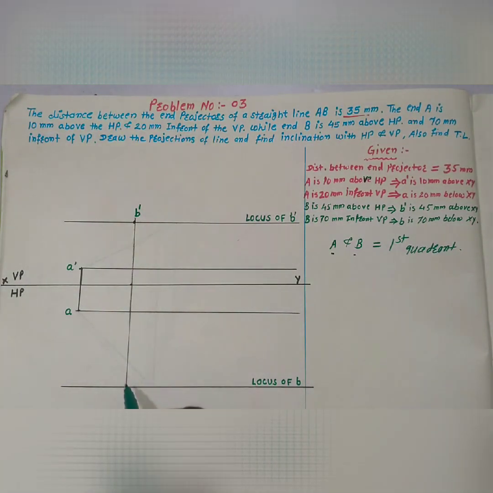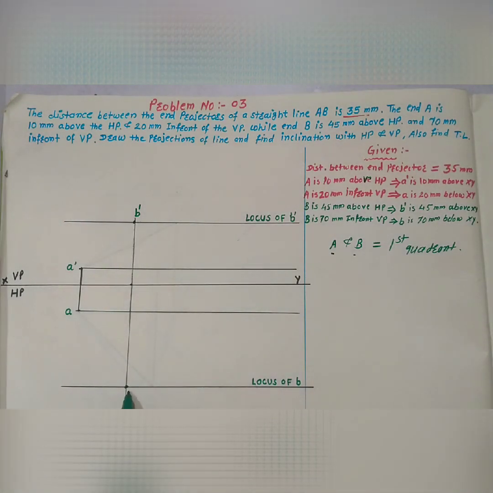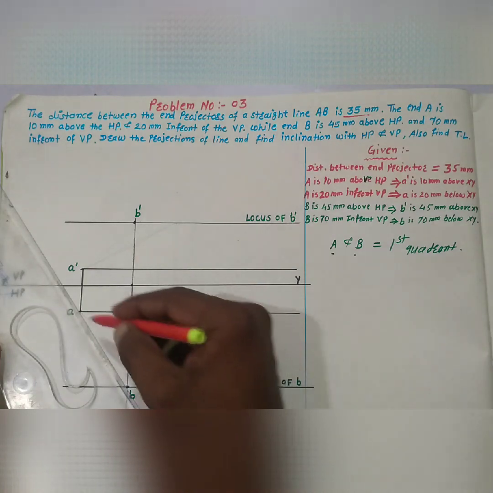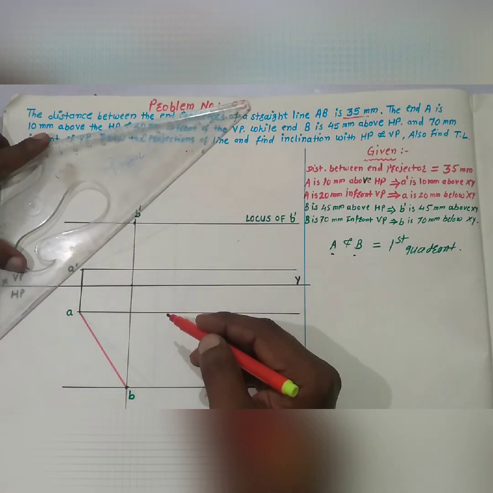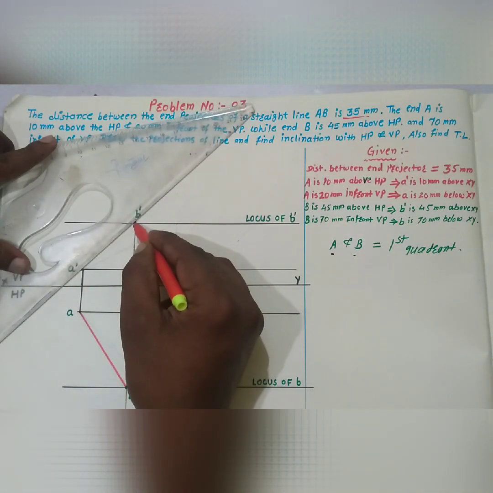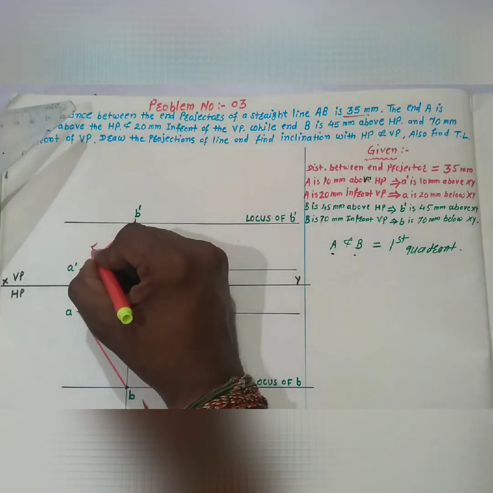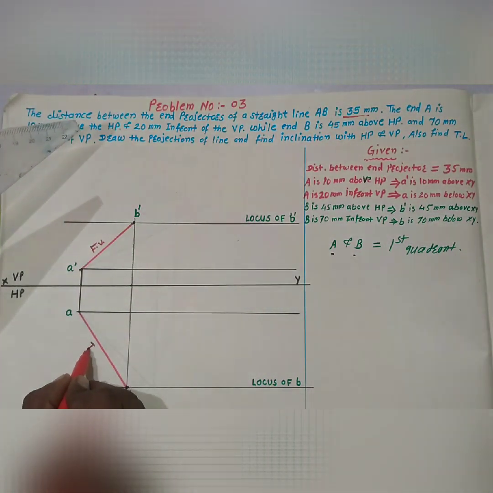Similarly, when this line cuts the locus of B, you will get point B. Join these two points A dash and B dash, and also join A and B. This is your front view and this is your top view.